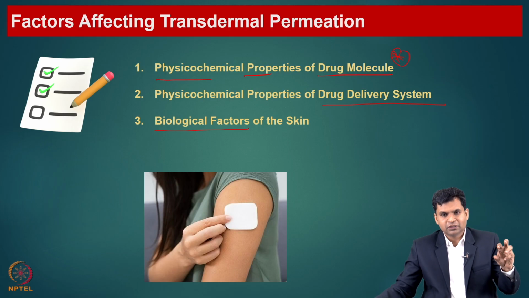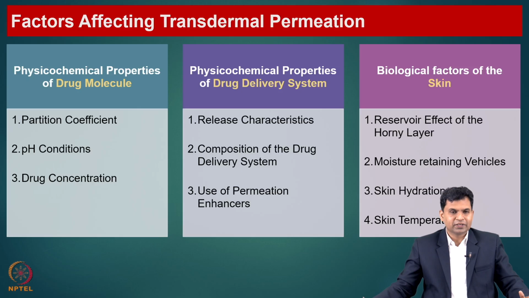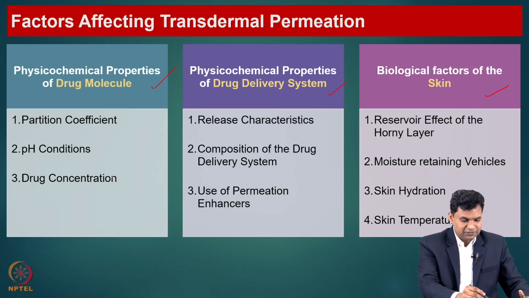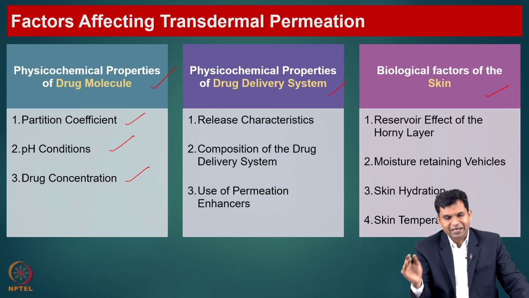The drug molecule, the drug delivery system and the biological factors will influence the overall permeation of the drug through the skin. So, again here we can see the classification. In the drug molecule, properties like partition coefficient, pH and drug concentration are important parameters which will influence the overall transdermal permeation.